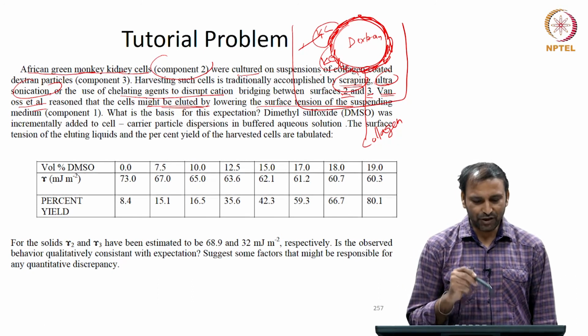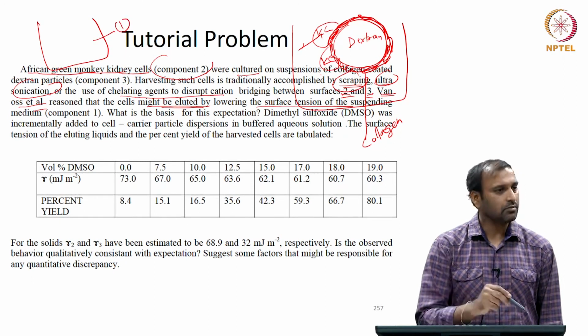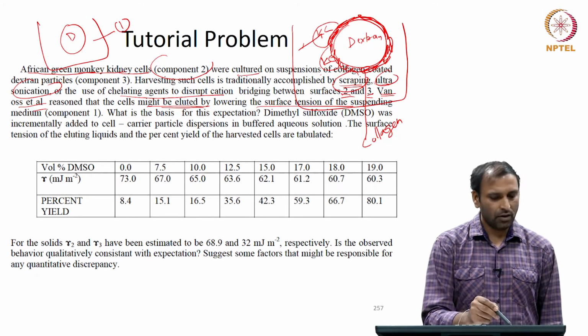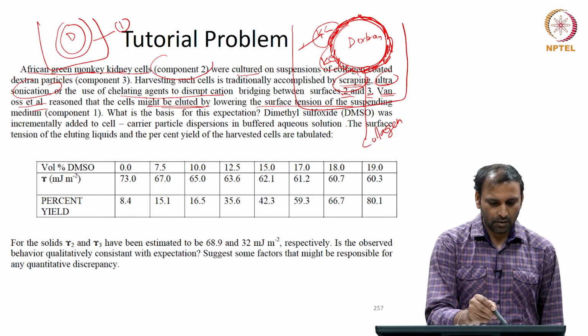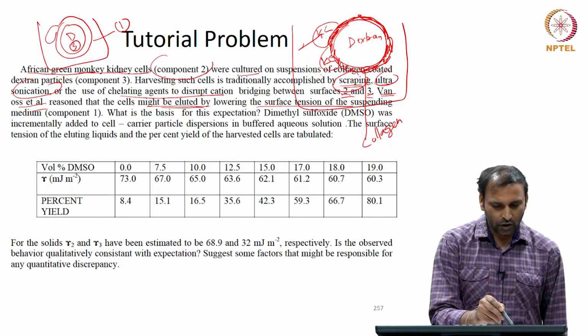So I should imagine that I have a container with medium 1, and I have dextrin which is coated with collagen, that is your component 3, and on that you have kidney cells which is component 2.